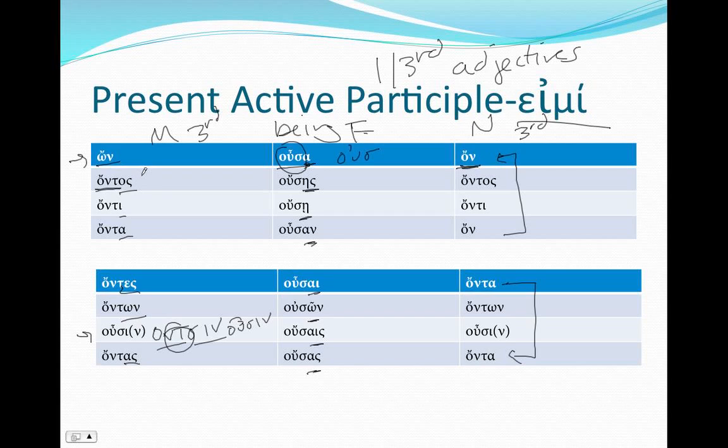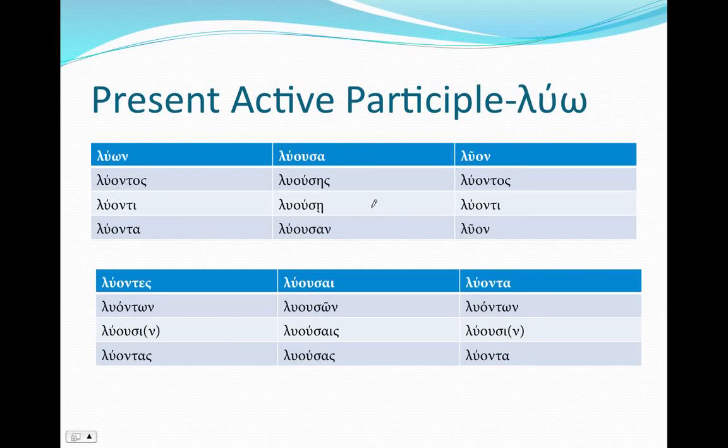Now let's move on to our normal verbs, like luo. To decline luo in the present active participle is very easy if you have eimi memorized, because all you're going to do is take these forms of eimi and attach them onto the present stem.